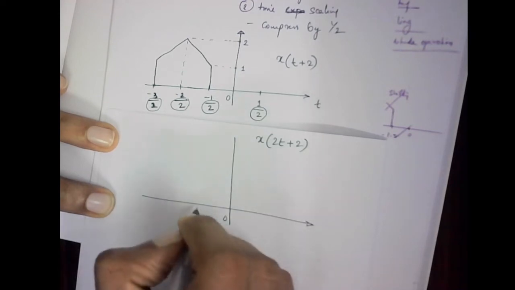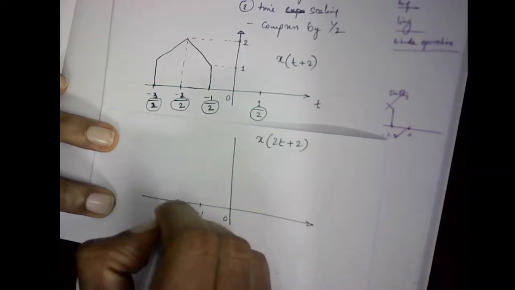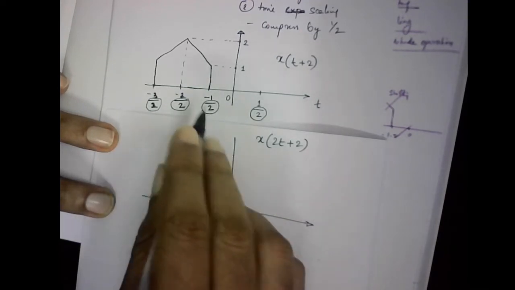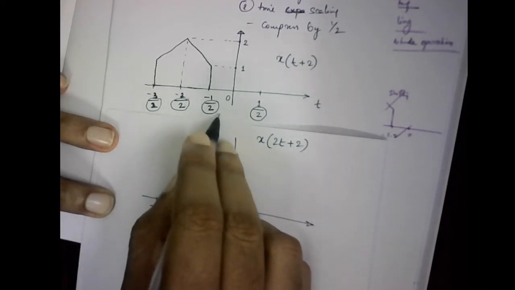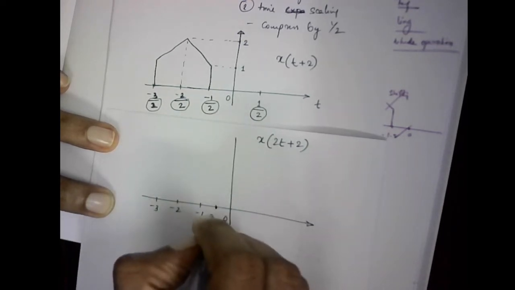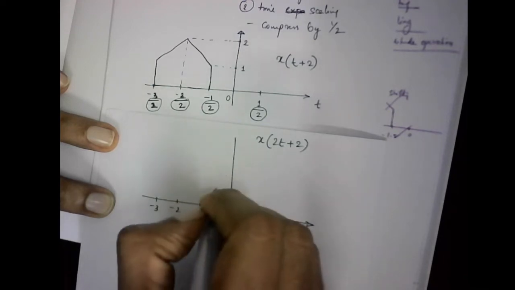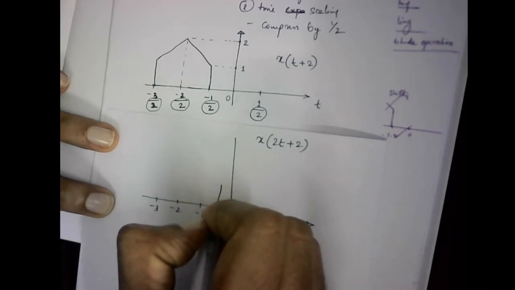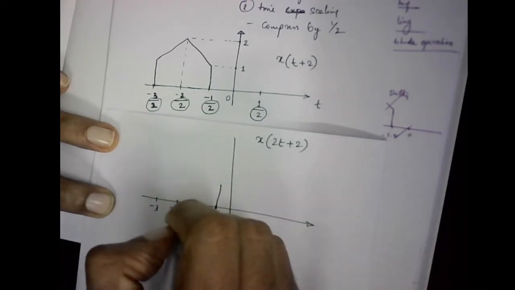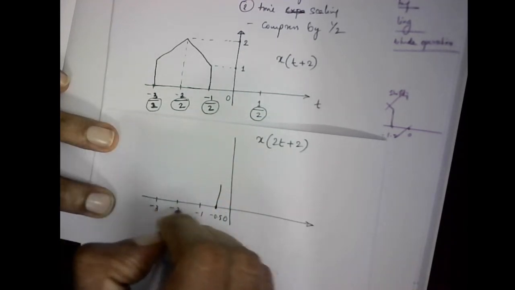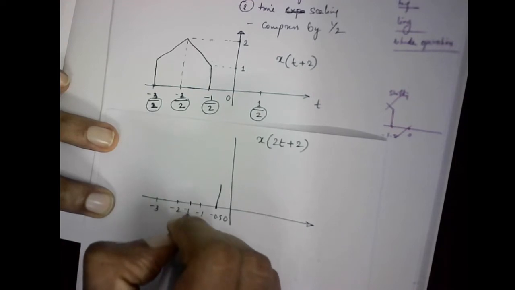So this is 0, suppose this is 1, this is minus 2 and minus 3 as in the previous case. Now after the time scaling operation, this is minus half. So this is minus 0.5, and hence the signal starts at minus 0.5 and it ends at minus 3 by 2, which is minus 1.5.